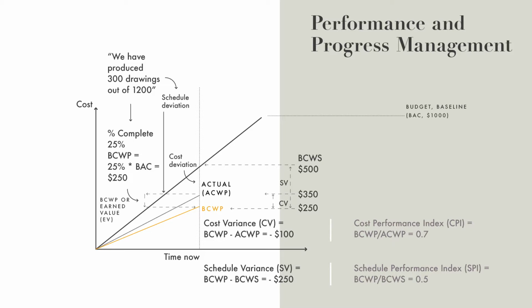One, which is shown in this picture, is based on the assumption that we are going to do the rest of the project as planned. So as you can see in this picture, the cost variance of $100 remains until the end of the project because we are doing the rest of the project as planned.